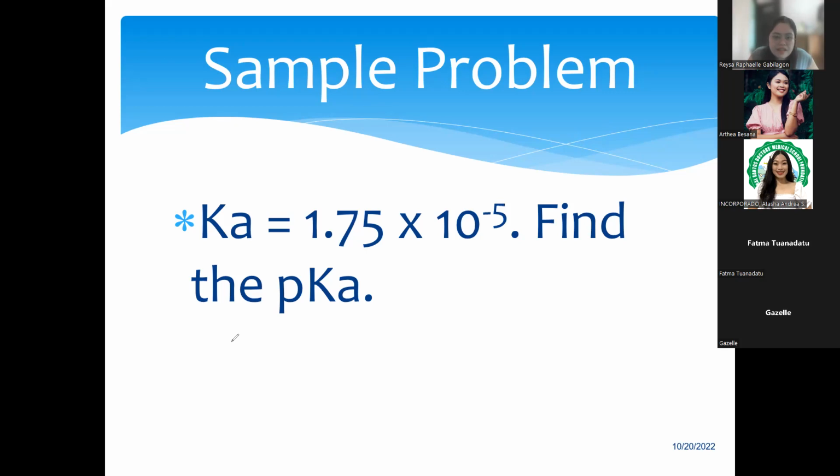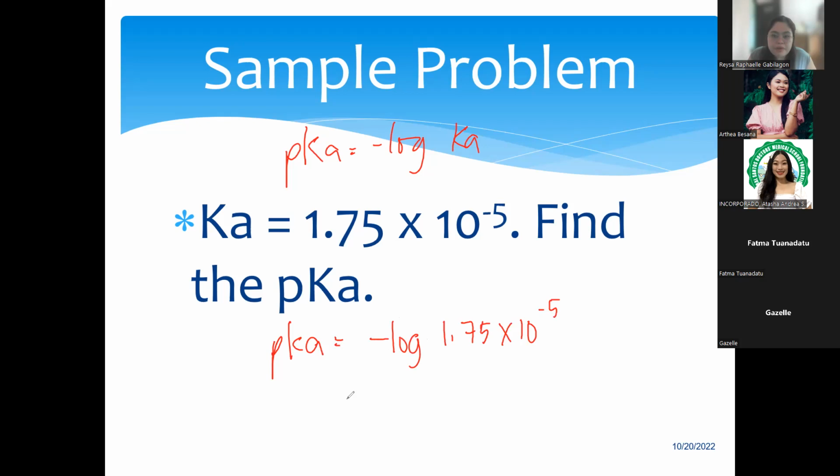Let's see. pKa again is the negative log of our Ka. So this is pKa equals negative log of 1.75 times 10 raised to the power of negative 5. How are we going to do that in our calculator?